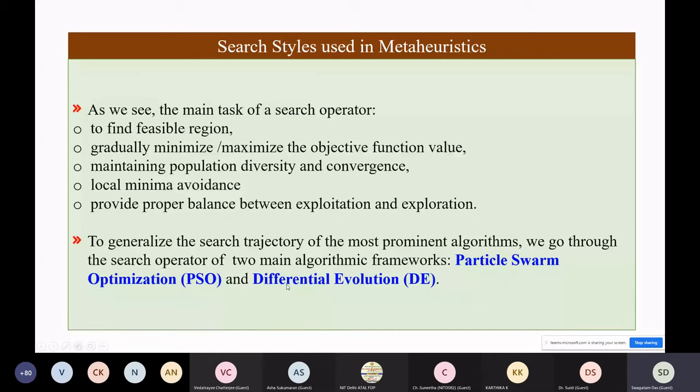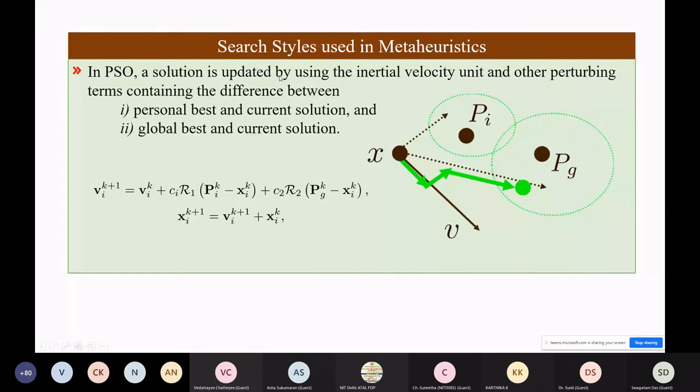So let's look at the two main algorithmic frameworks. In PSO, what happens is a solution is updated by using its inertial component V_i^k, attraction towards the personal best solution, which is like P_i^k. Here i is the particle index.